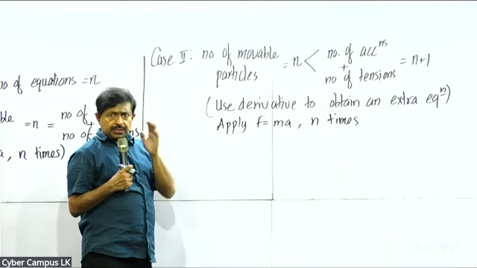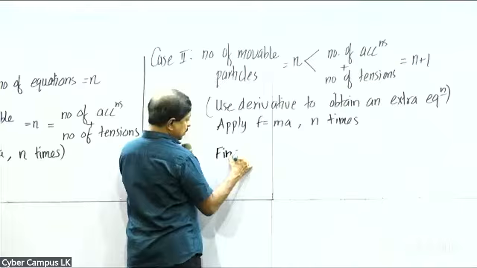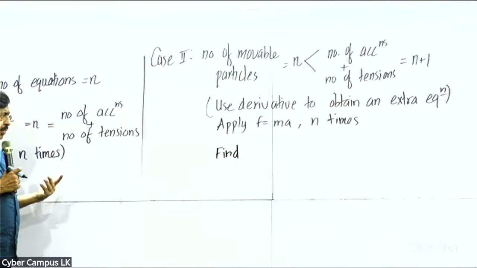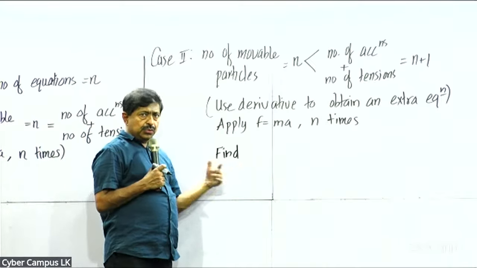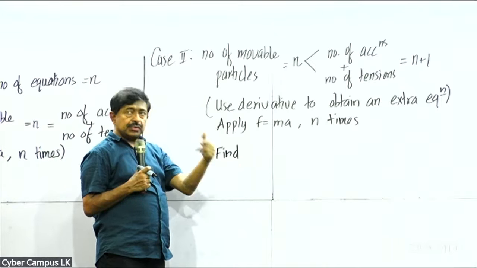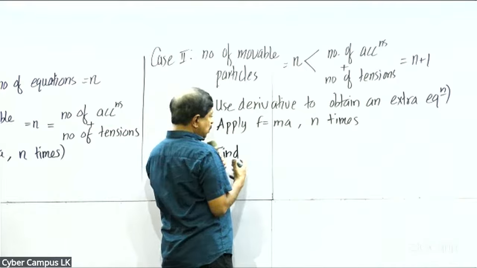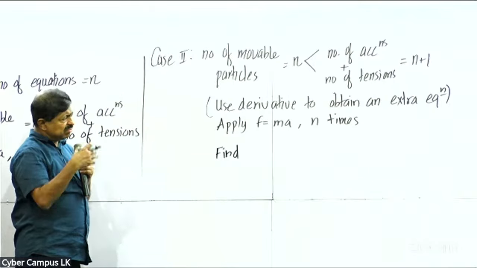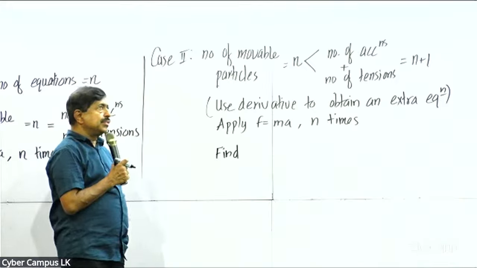Now, no matter what the problem is, you have to first find. Now, this is the only difference between this type and the problems involved with the wedges. Here, you have to find the tensions. Hold on. Yeah, find the tensions first. You can easily find the tensions, but sometimes you can remove tensions easily.